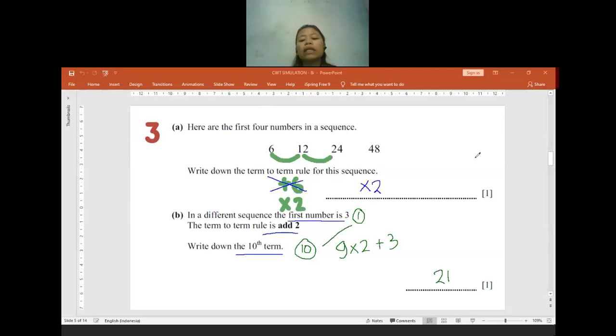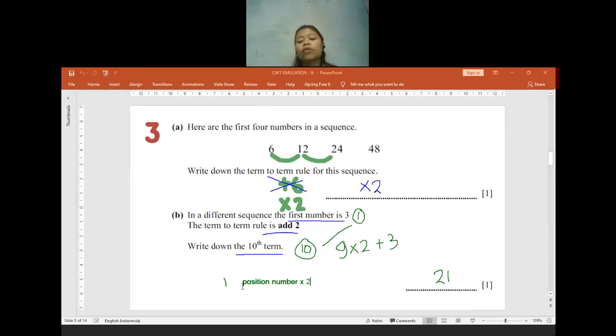Or maybe you find the position to term rule first, because this is add 2, so it means the position number times 2. You multiply the position number by 2 because you already have the add 2. I told you when you already have the term to term rule, you can multiply the position number with whatever term to term rule that you have.